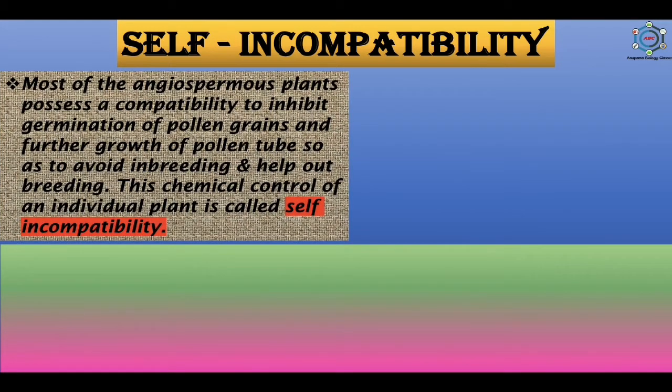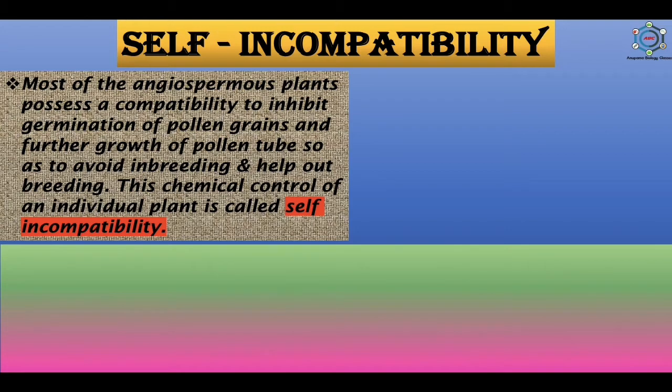Now, what is self-incompatibility? Actually, at the time of fertilization, the stigma of a particular plant receives a number of pollen grains, either from the same mating type or from others, and the functional pollen which belongs to the right mating type germinates on the stigma and develops a pollen tube.